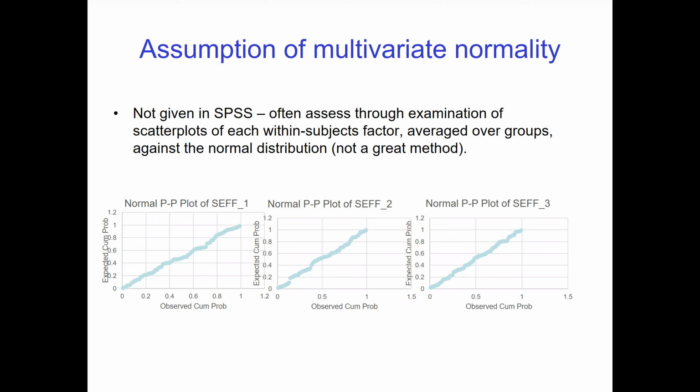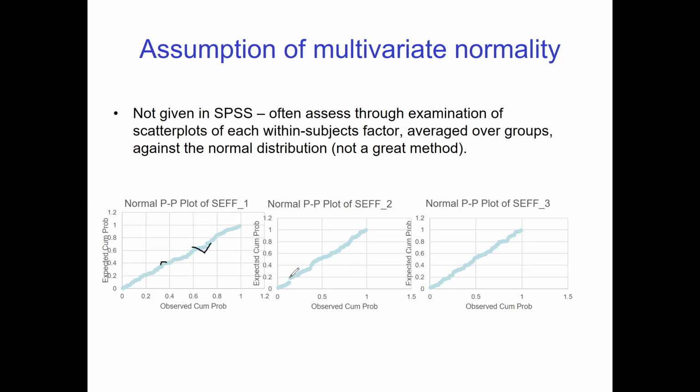So we look at these 3 lines. This is self-efficacy at time 1, self-efficacy at time 2, self-efficacy at time 3. These are small plots. They're not at a high level of resolution. You can see that in some places you have departure from the lines. There's no test of this again.